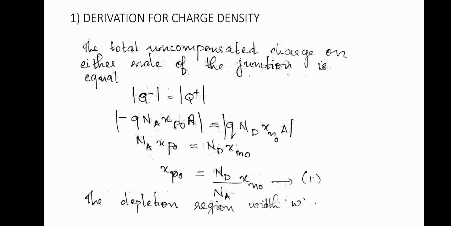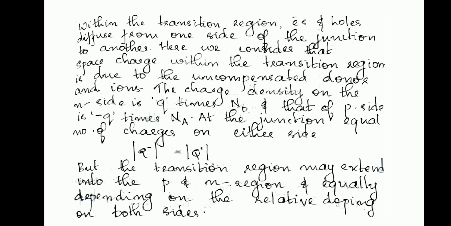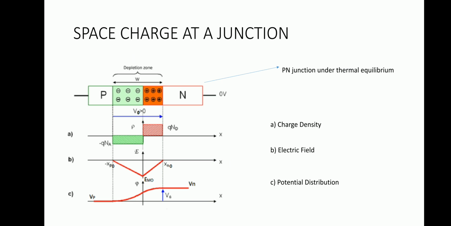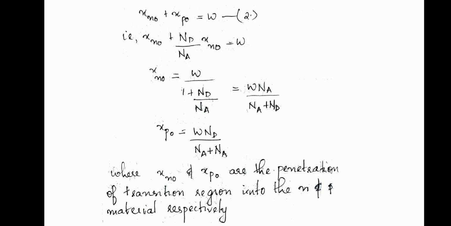What remains is Na xp0 equals Nd xn0, or xp0 equals Nd by Na times xn0. We can also say that the depletion region width W is the whole length of this transition region, that is from xp0 to xn0. So W equals xp0 plus xn0.